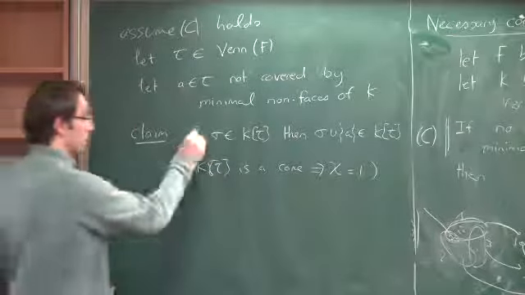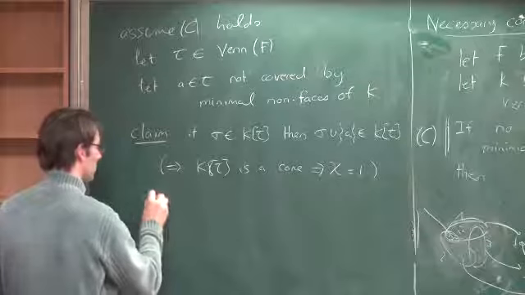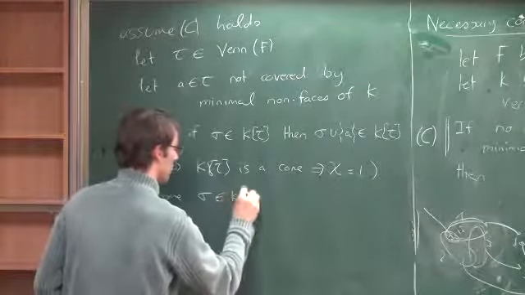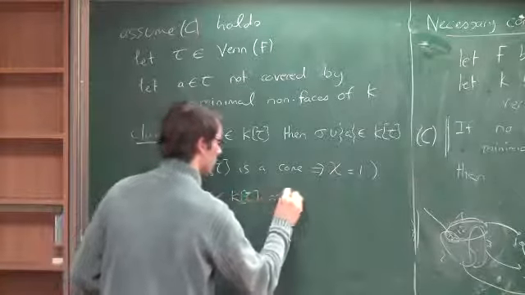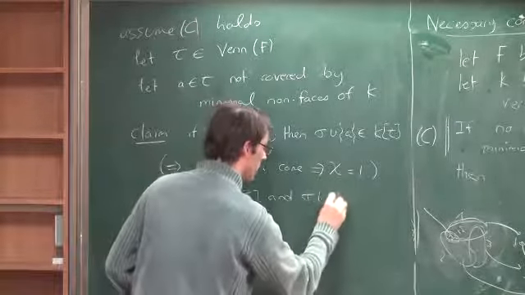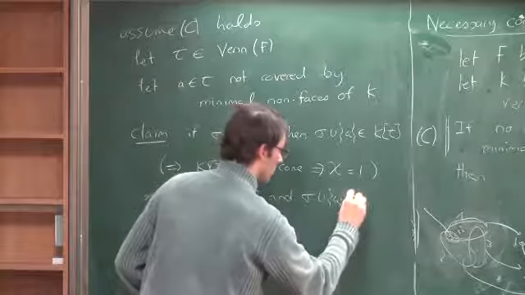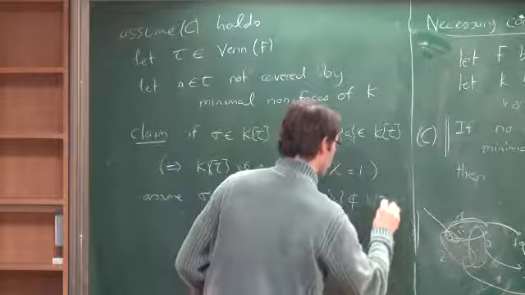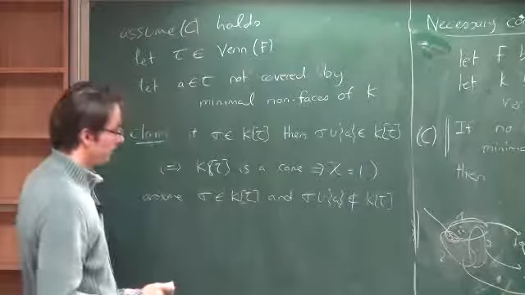I know this is easy because, assume sigma belongs to K of tau and sigma union A does not belong. What could happen?